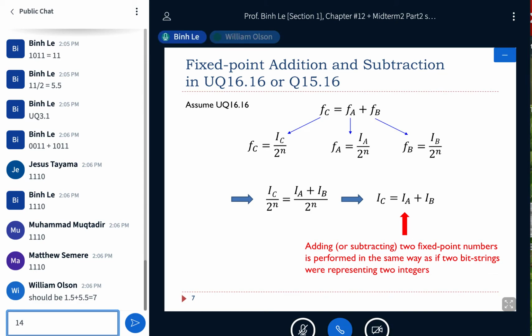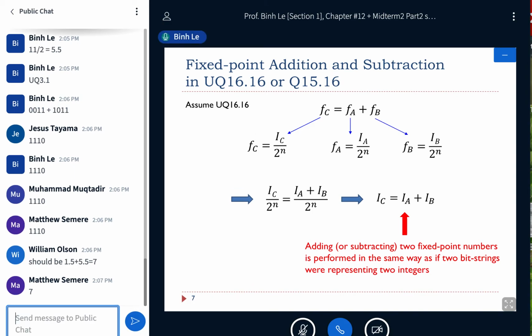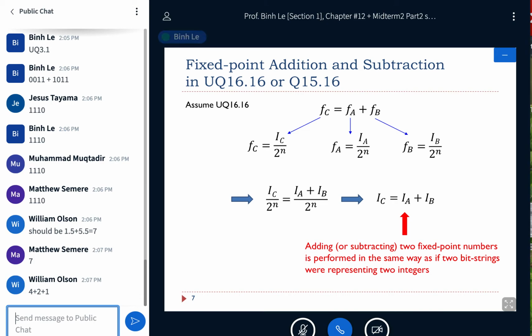Now I will ask you, what does 1110 represent? 1110 is actually 14 in decimal.